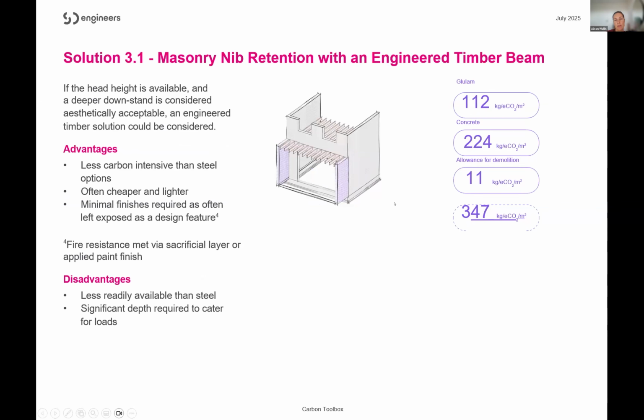And we also looked at introducing an engineered timber beam where we have just the single beam and not the frame. We did at one point explore providing a glulam stability frame, but we just couldn't get it to work. The connections made it completely unfeasible. We've looked at engineered timber because of the shrinkage properties, obviously less than softwood, and also the required depth needed to carry the load. But there is a considerable additional depth to this option.